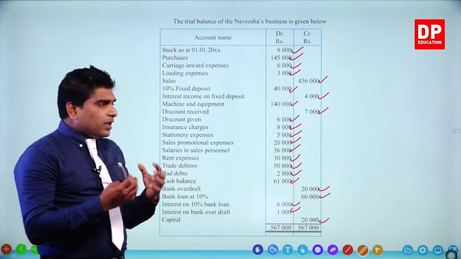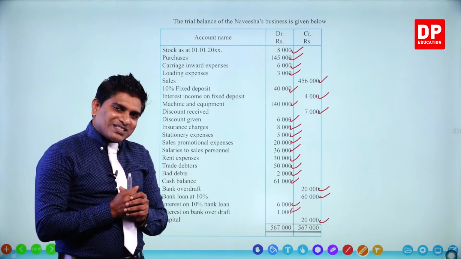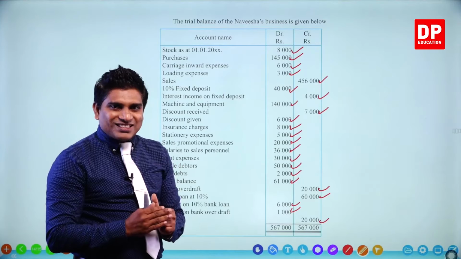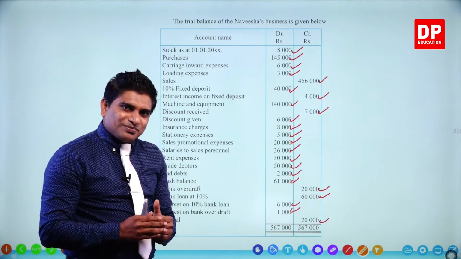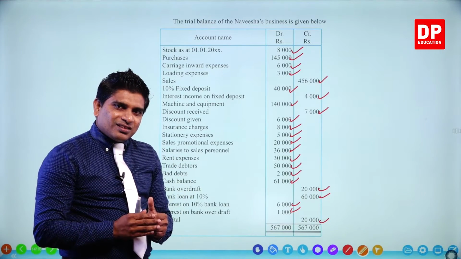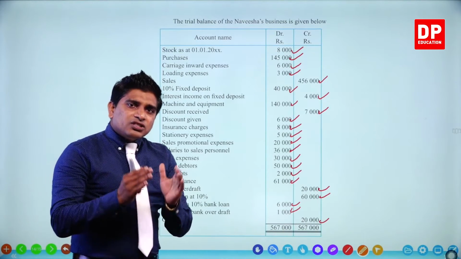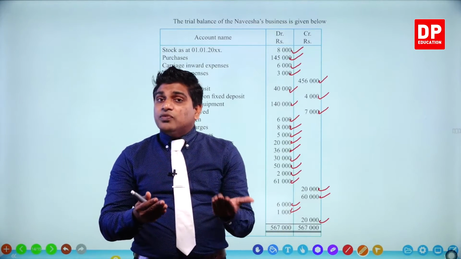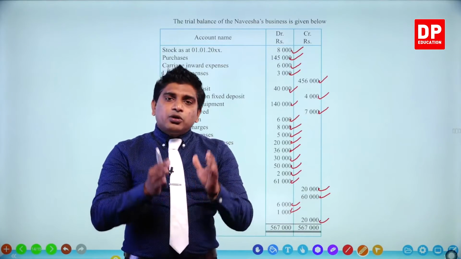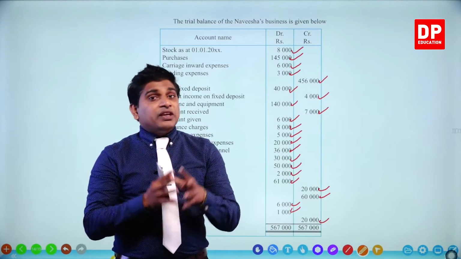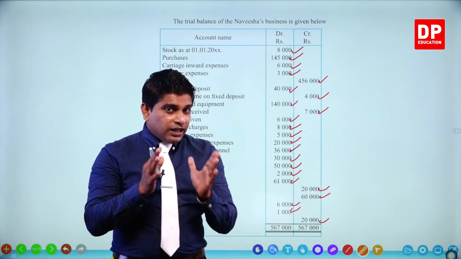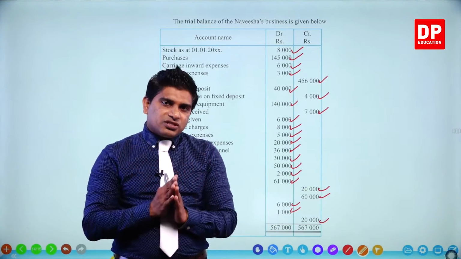When I read this one, you can see here not only income and expenses, you can see some liabilities, you can see some assets here. Finally, they have given capital, means equity. But still we are discussing the profit and loss statement. To draw the profit and loss statement, we consider only income and expenses.